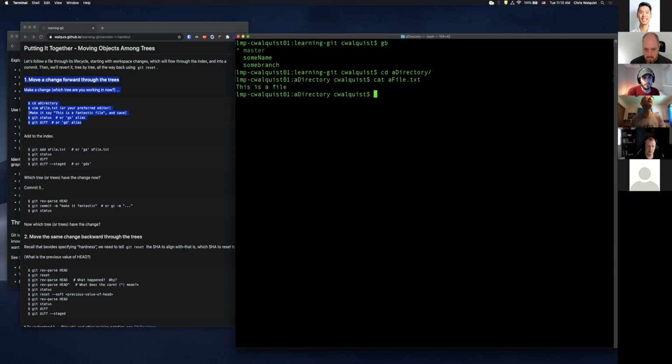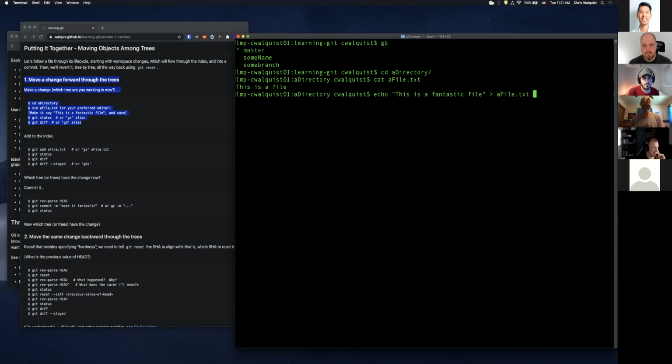Okay, this is a file. So I'm just going to echo that stuff, and then clobber it by using a single redirect instead of a double redirect. Double means append onto the end. Single means clobber it wholesale.